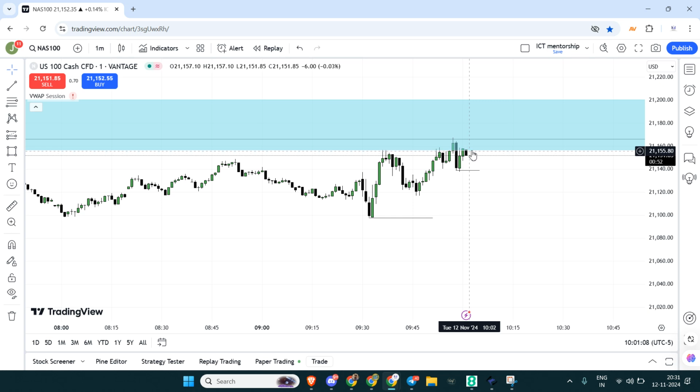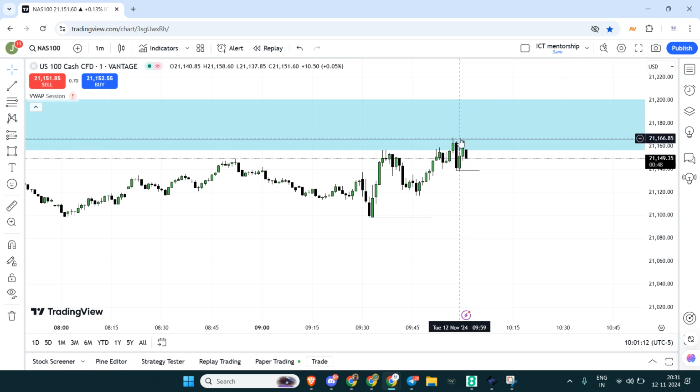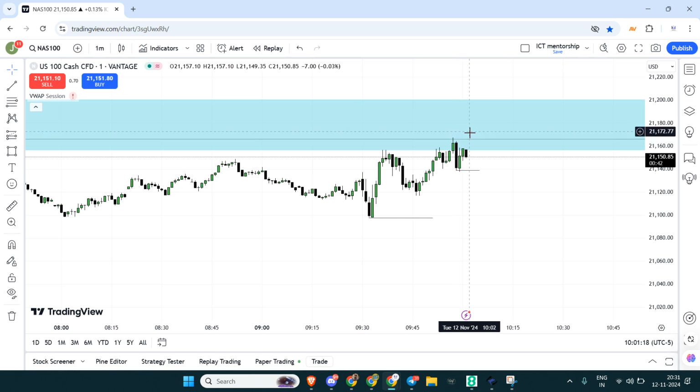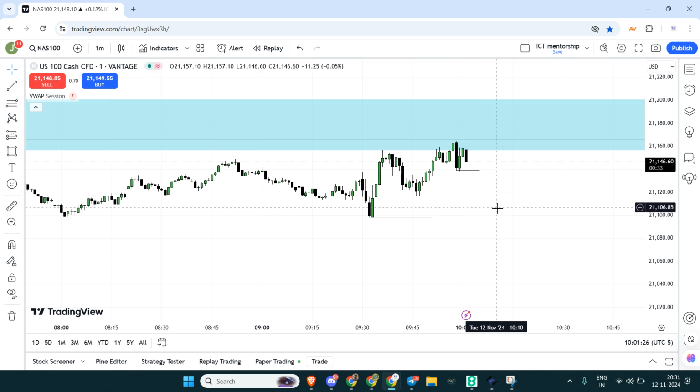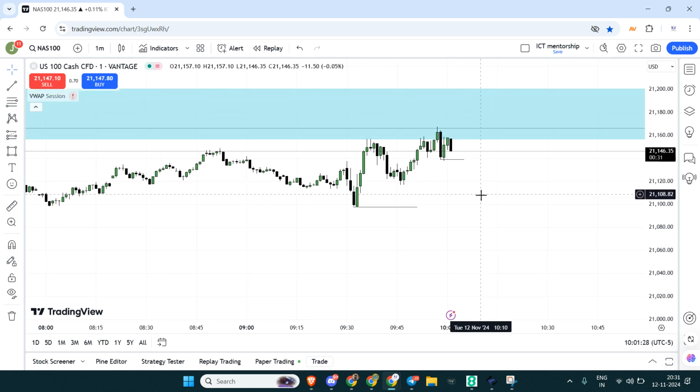There are chances that price may go up and you can see the wick is very thin, so price may go up again, a little bit higher like 21,172, that region, and then price is going to show the real momentum. Let's see.